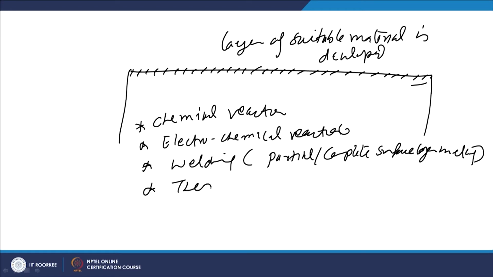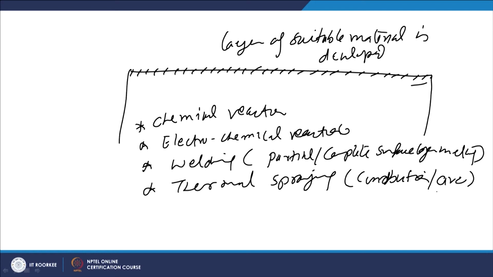There may be thermal spraying using either the combustion method, where a suitable fuel gas is burned, or an electric arc for thermal spray purposes. So, these are the various groups of mechanisms or approaches used for developing a suitable layer of suitable material on the surface of the substrate.